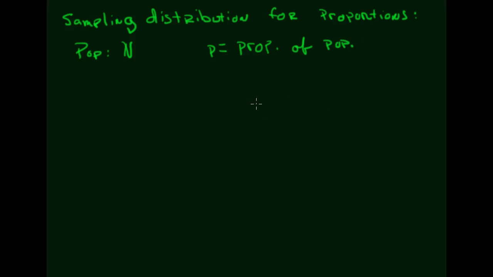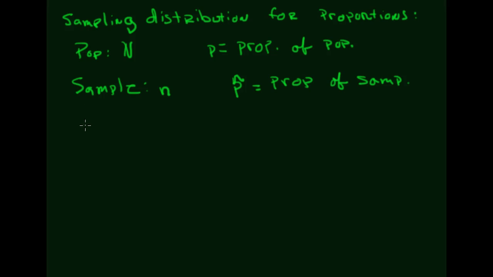You don't know what that is, but you know that p% of that population have that characteristic. So you're going to take a sample of size little n, and when you take that sample, you find that the proportion of the sample that has that characteristic is what we're going to call p hat.